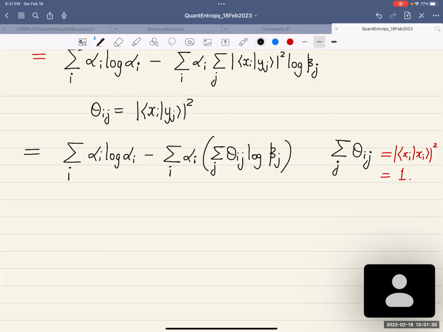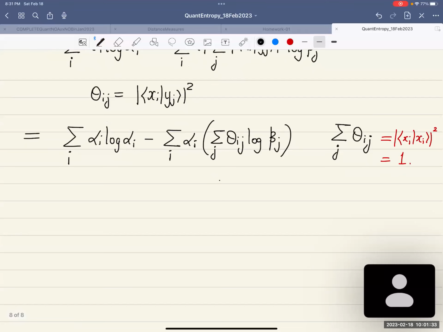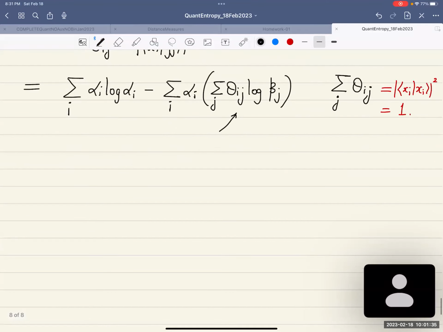So what is this? This is like 0.2 log beta 1 plus 0.4 log beta 2 plus 0.4 log beta 3, right?